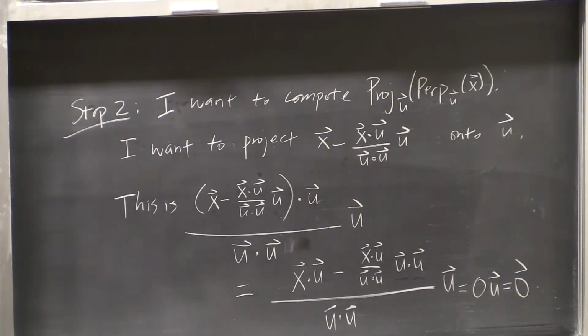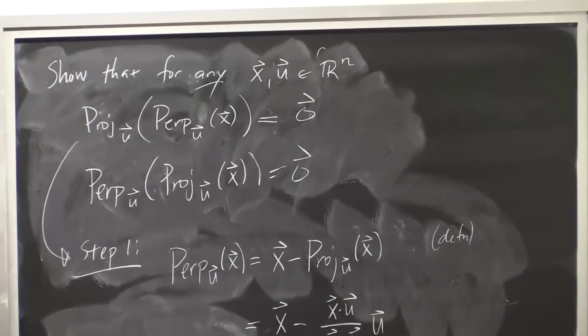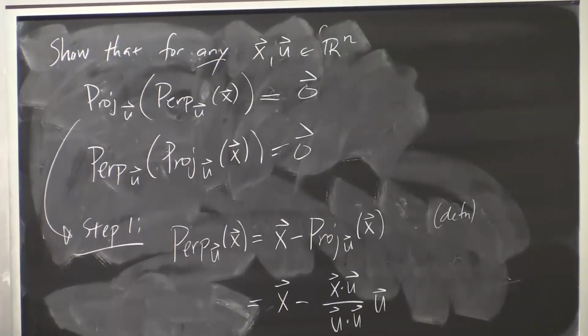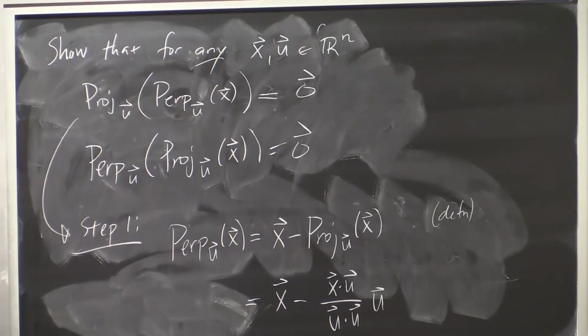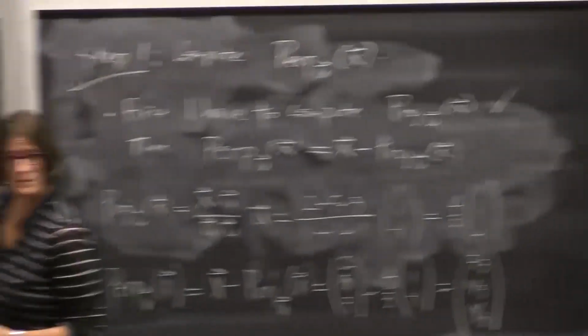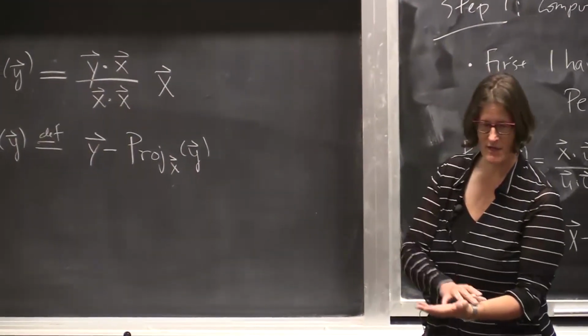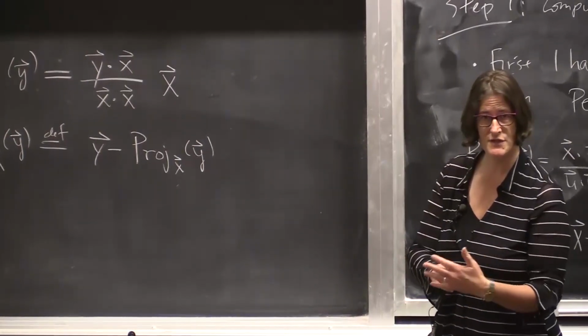Now, in the privacy of your own homes, you should repeat the argument and see that if you first project onto u and then project perpendicular to u, you also get the 0 vector. The reason that I wanted to do this is that this can seem like just some algebraic formula, but you have a geometric intuition about projecting onto something, projecting perpendicular to something.